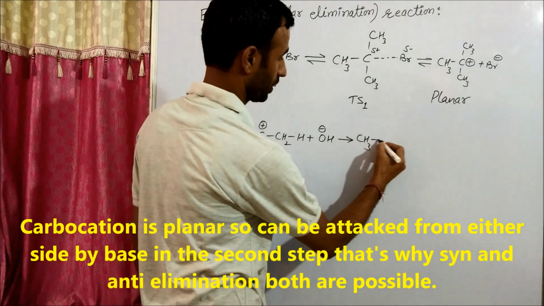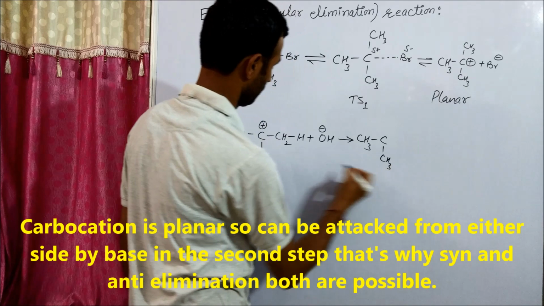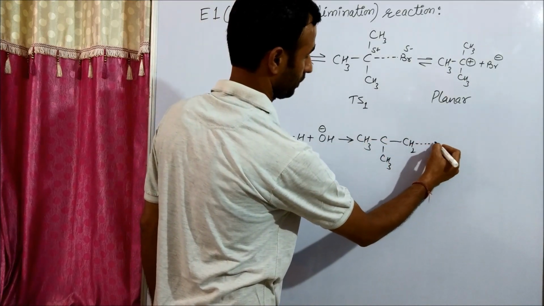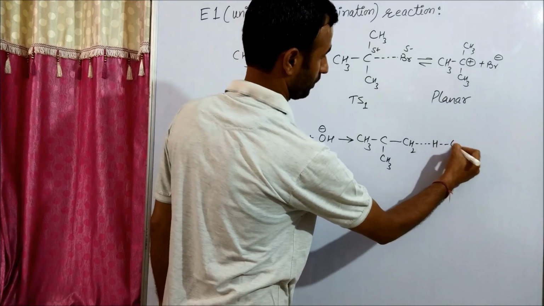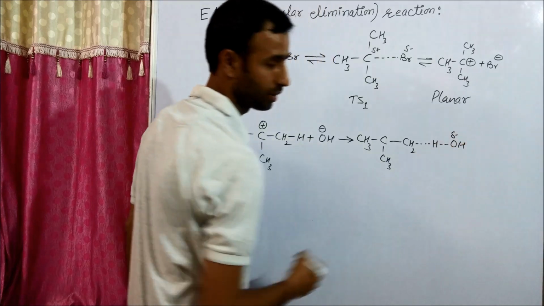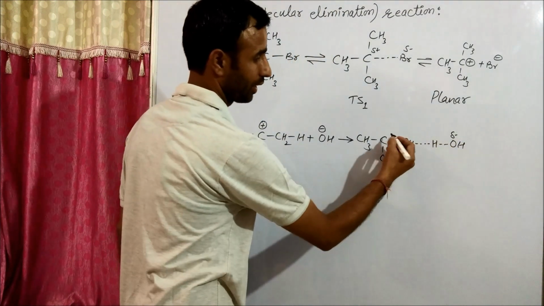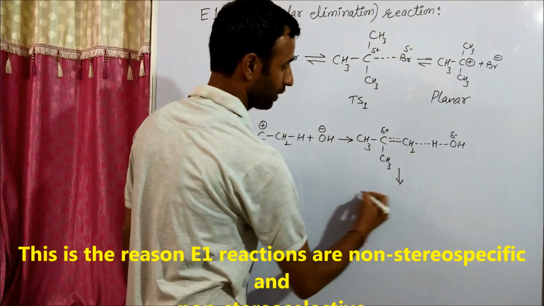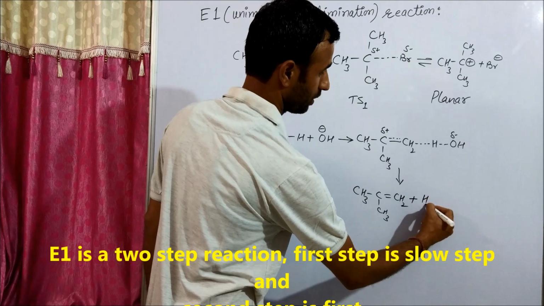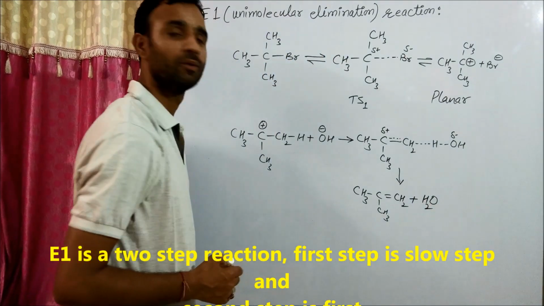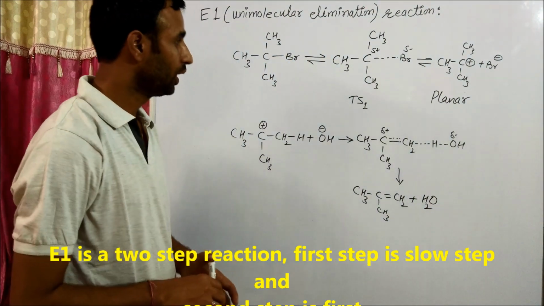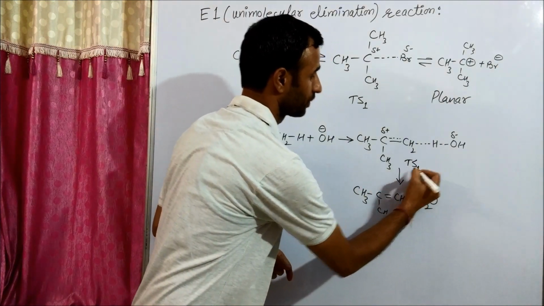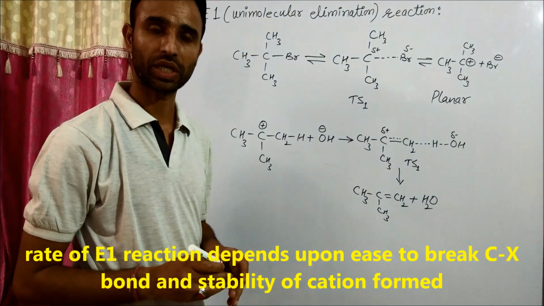Now the transition state is: OH becomes partial negative, H becomes partial positive, and finally we get this product along with H2O. So this is the second transition state and this one is the first transition state.